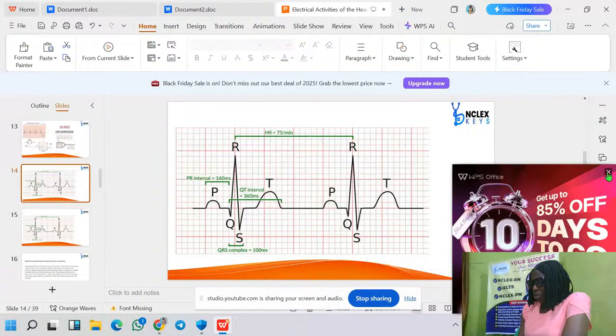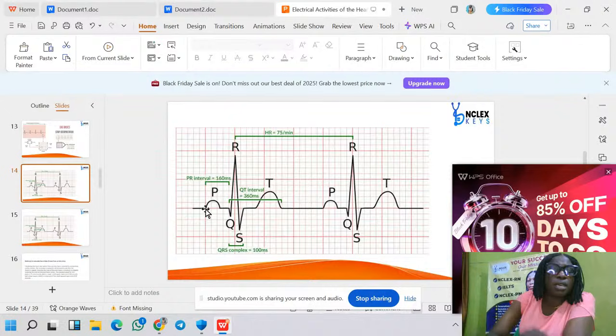This is saying you can't load the link. What happened? Okay, so my screen is visible. Thank you so much.